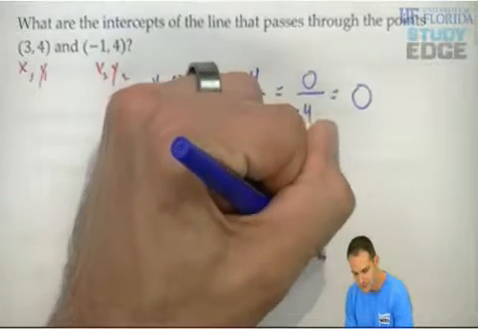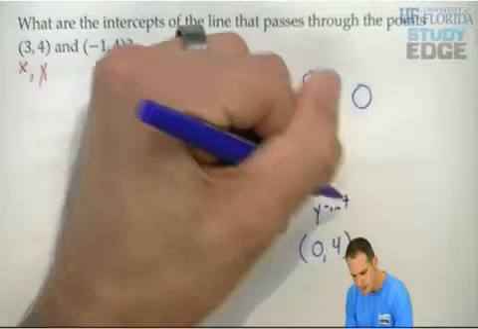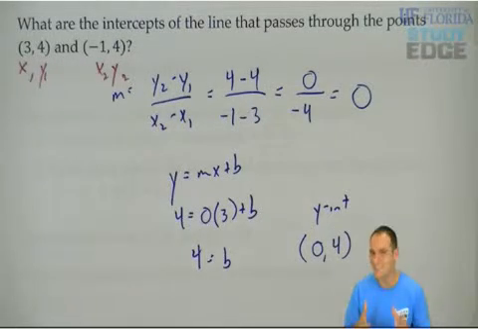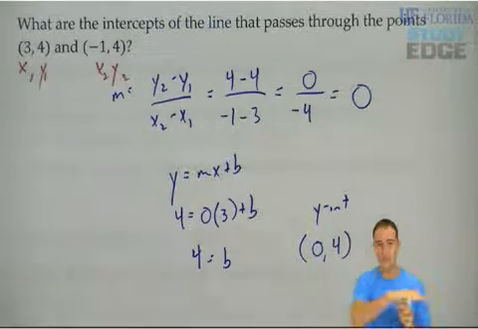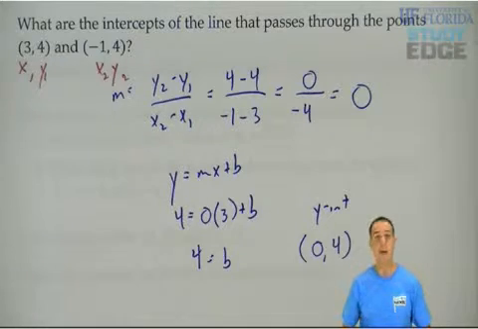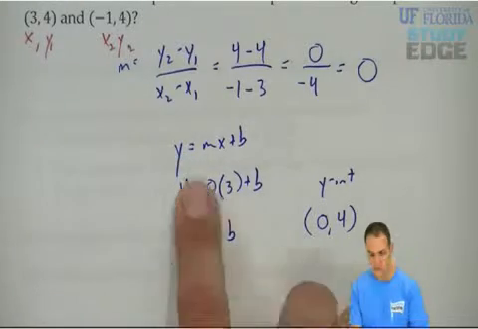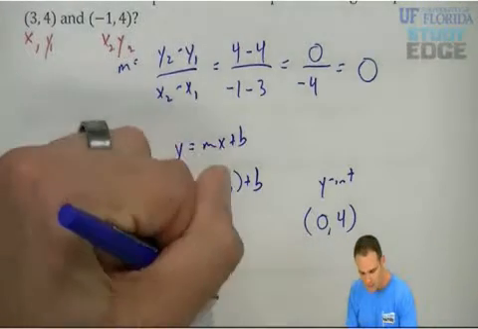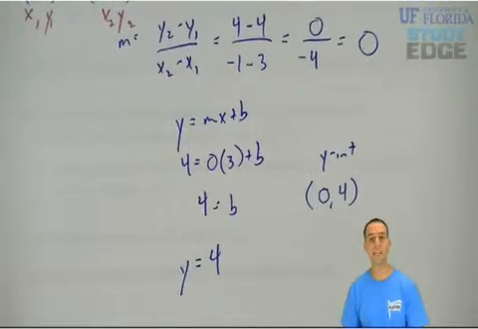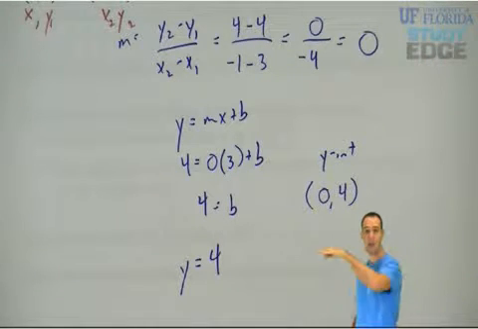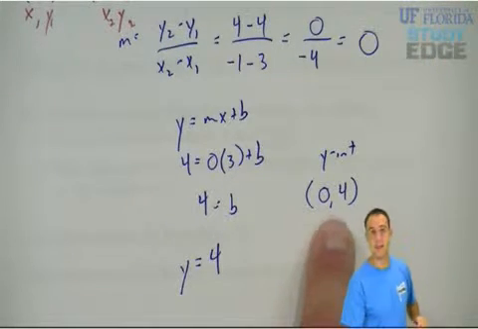So we know the y-intercept is going to be 0, comma 4, but you also have to remember what kind of line has a slope of 0? A horizontal line. But even if you forgot that, you can see right now y equals 0 times x will be 0 plus 4. So this line is actually a horizontal line at y equals 4, which has a y-intercept.